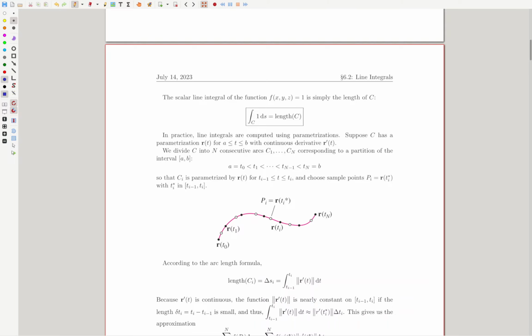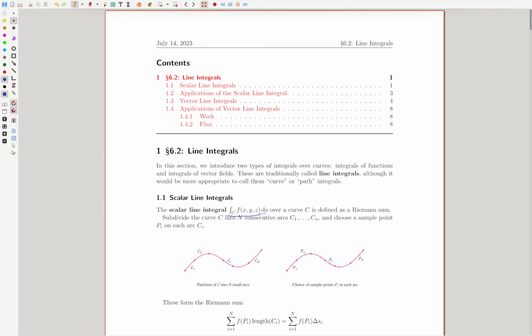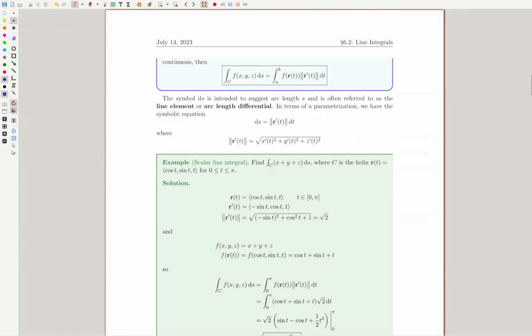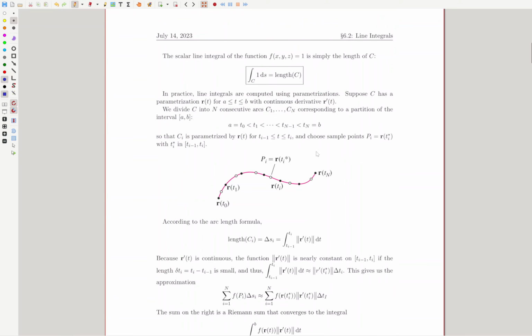Okay. Anyway, we're going to start by now introducing a parameterization on our curve. So we introduce this parameterization r of t, where t goes from a to b.